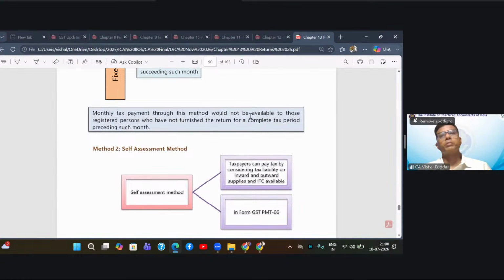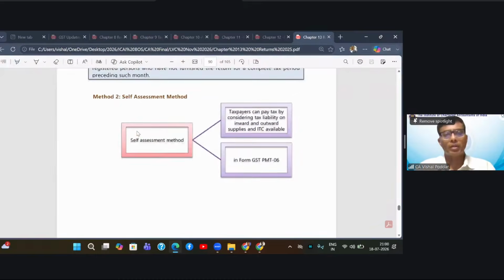Monthly tax payment through this method would not be available to those registered persons who have not furnished the return for a complete tax period preceding such month. So by chance if there is no return filed in the previous month before this, then obviously this option is not available.